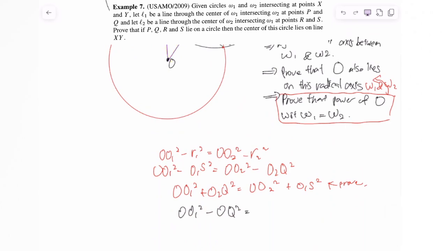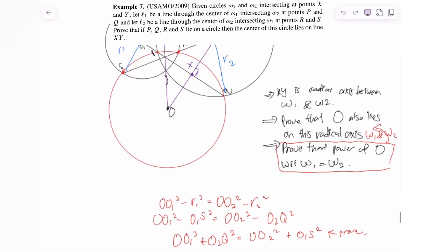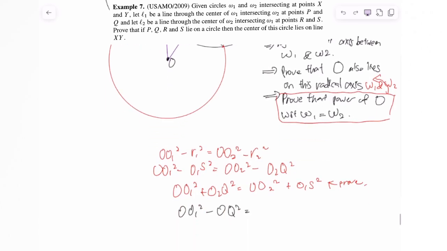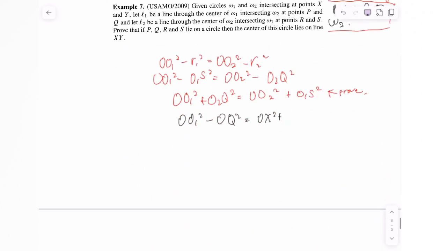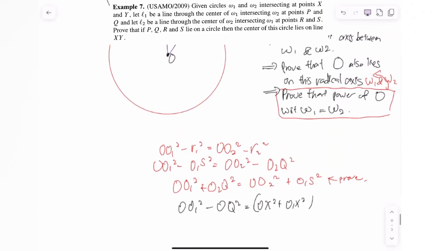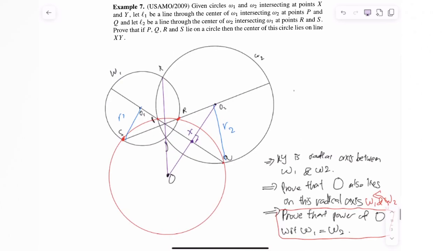Okay, which is, let me just erase that. OX squared plus O1X squared. Then OQ squared is, we apply Pythagorean to this triangle.